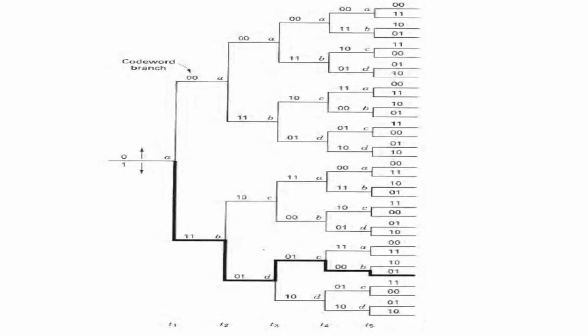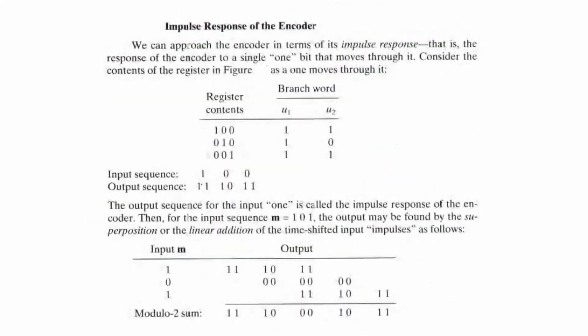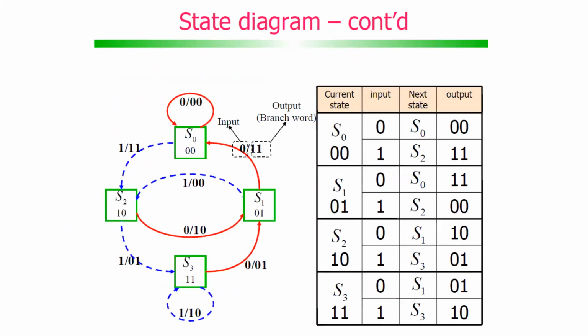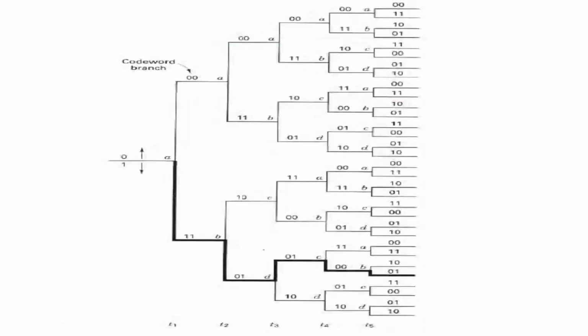Let me just show you. S0 is state A, right? I can represent S0, S1, S2, S3 with A, B, C, D. I have taken this diagram from Burnett-Sklar only.